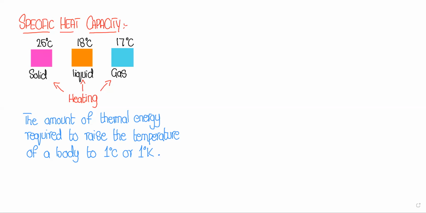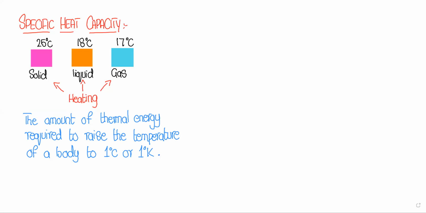That's why we are using the word specific, and heat capacity means the amount of thermal energy or heat that is going to be stored by the matter, right? Normally, the specific heat capacity for solids is low, because the temperature of a solid will increase more as compared to liquid or gas.